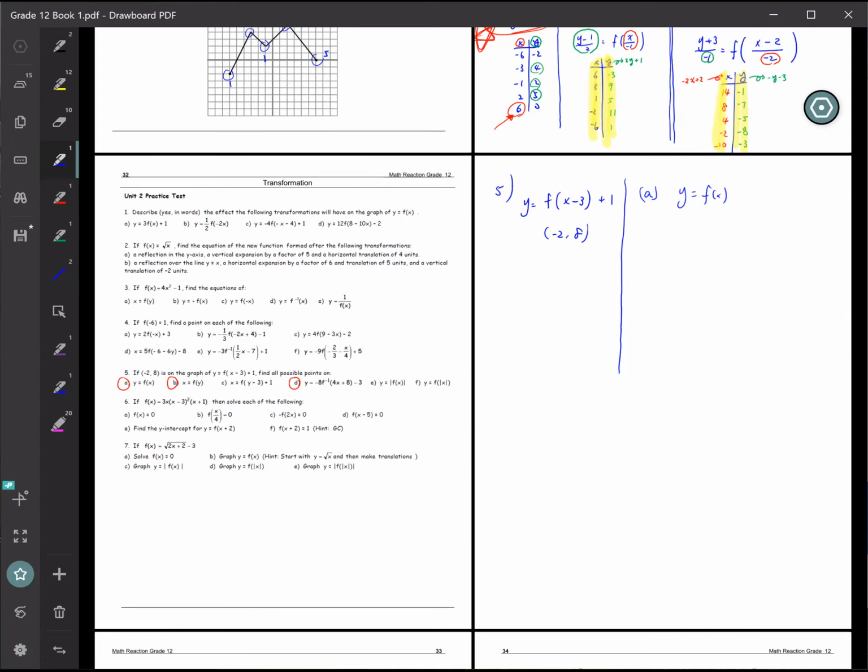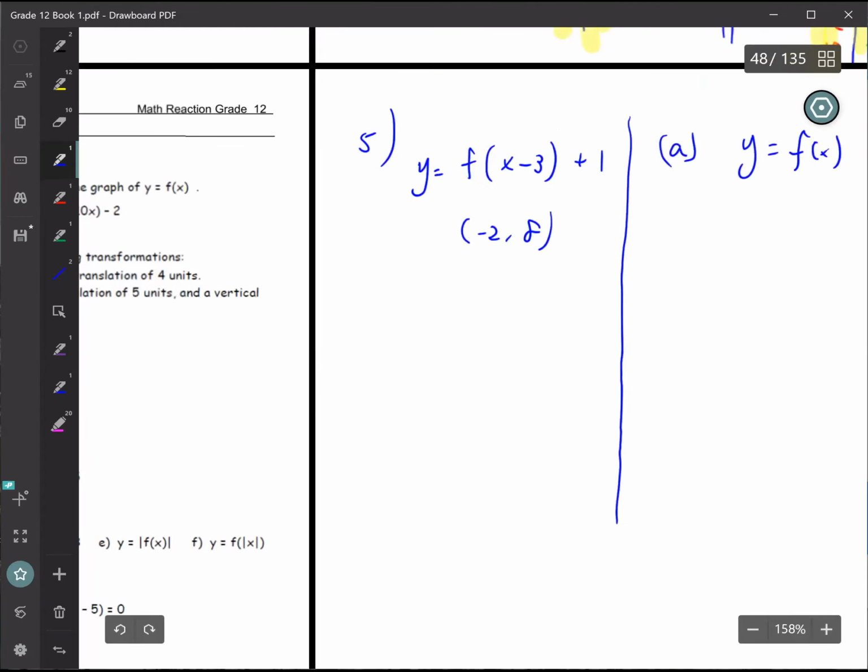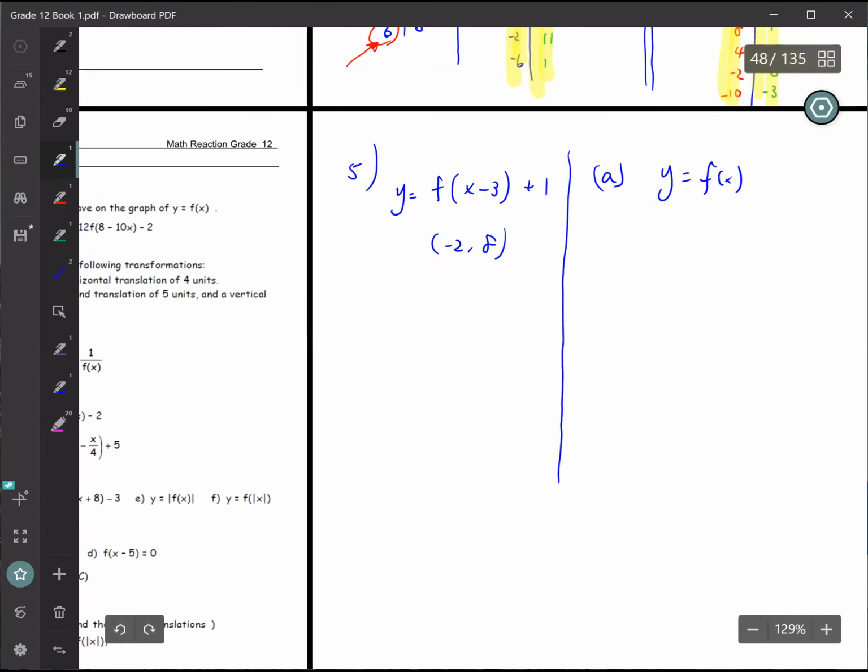For questions like these, they don't give you too complicated transformations, like for this one, they only give you x minus 3 and plus 1. So you have to think about the (-2, 8) as the ending. You think of this way, and you want to travel back in time, reverse the time, and then think about where it originally came from.